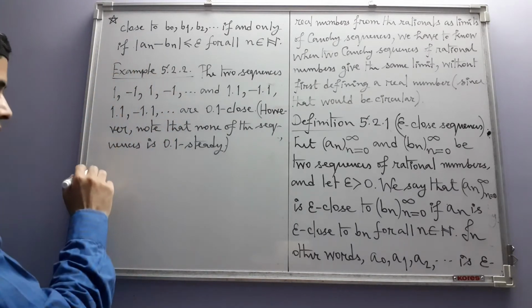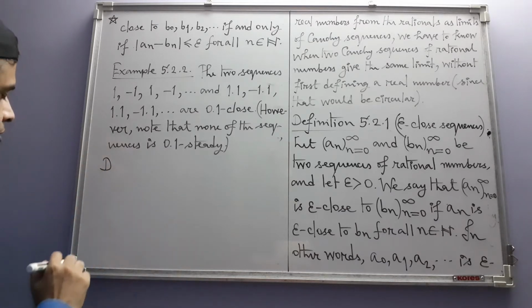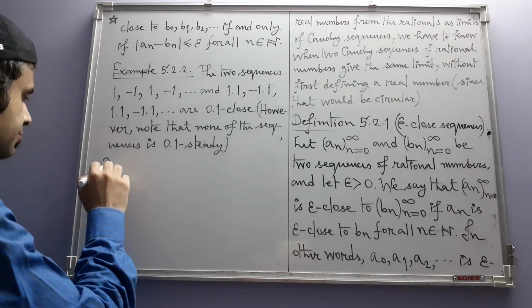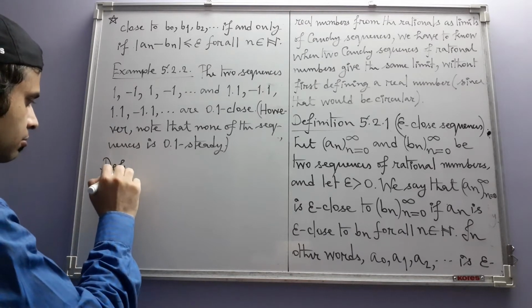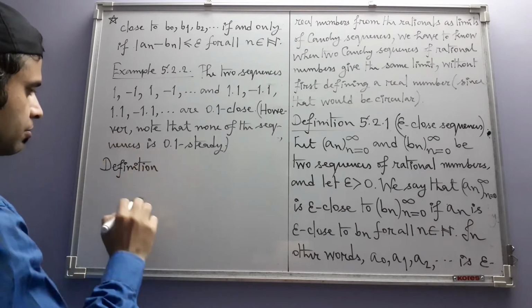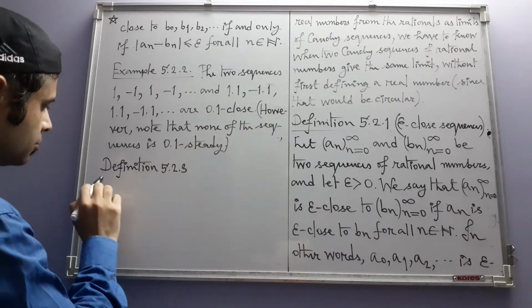Then naturally, after this we have the definition of eventual epsilon closeness, that is eventually epsilon close sequences. So this is definition 5.2.3.